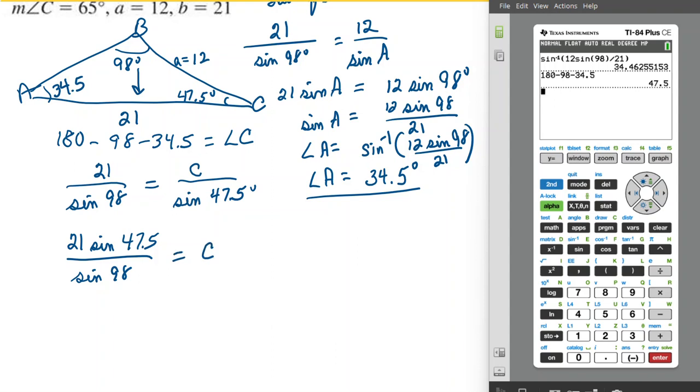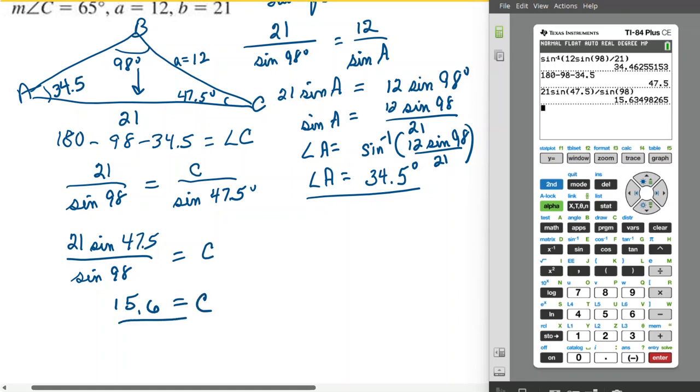And that's just a matter of putting it in the calculator. 21 sine of 47.5, close parentheses so that you'll know that argument is done, divided by sine of 98. And then we'll close there too. And we hit enter. So we get approximately 15.6 is the c, and we're done.